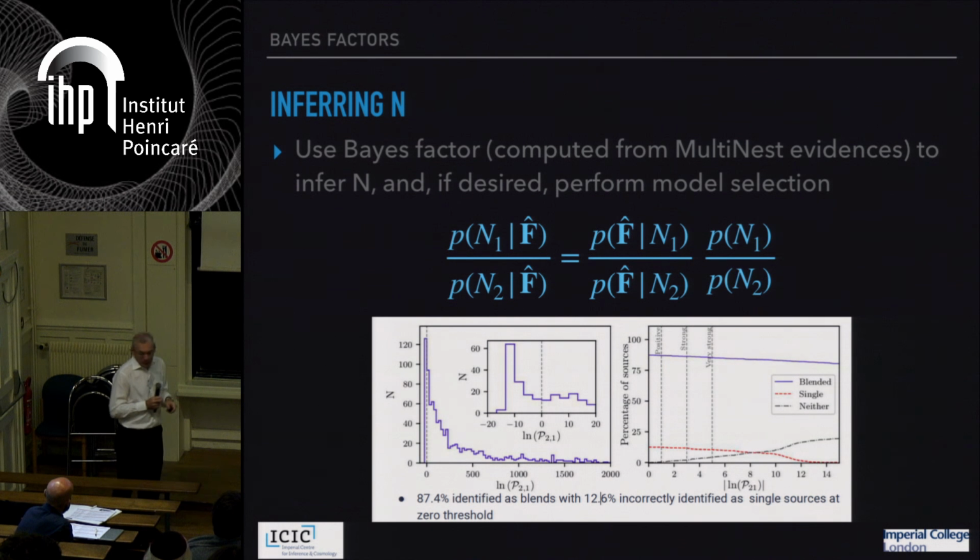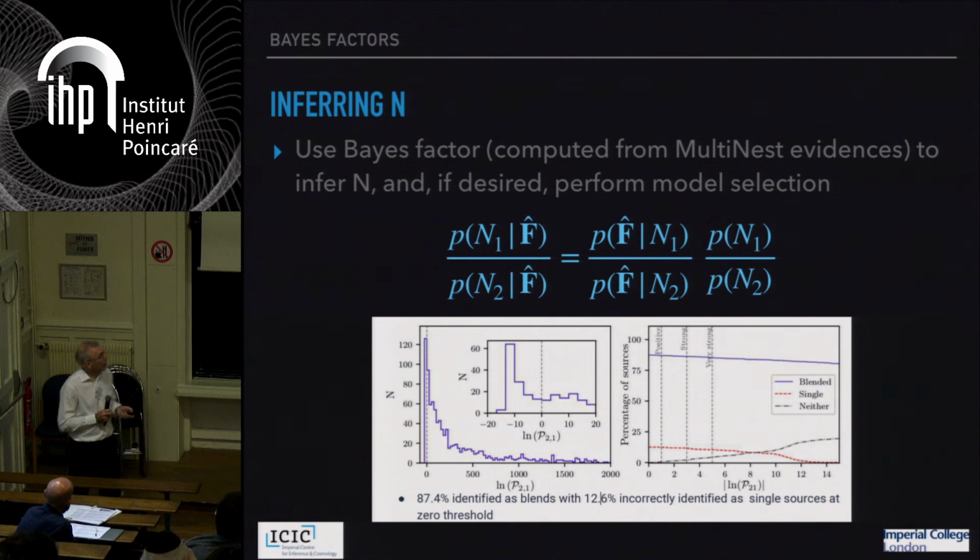Okay, so how can we use the evidence to infer the number of sources? Well, we just calculate the Bayes factor for, in fact, any number of components. We've focused only on 1 and 2, but with a prior, which, as I say, we take as being uniform in the number, and you can change that easily if you have some reason to believe that the probability of it being a single source is larger than a double.